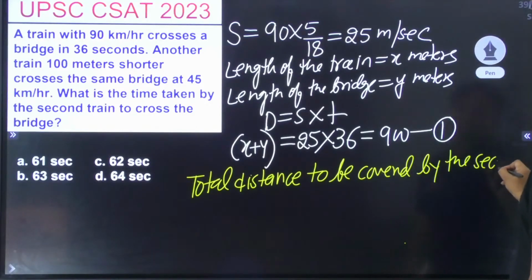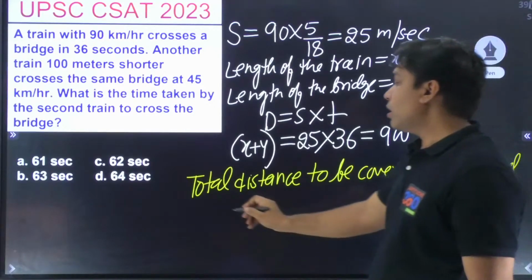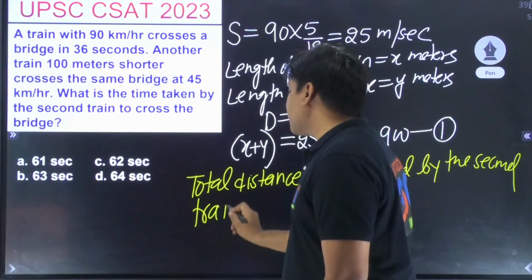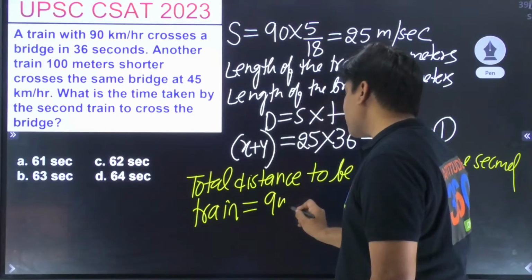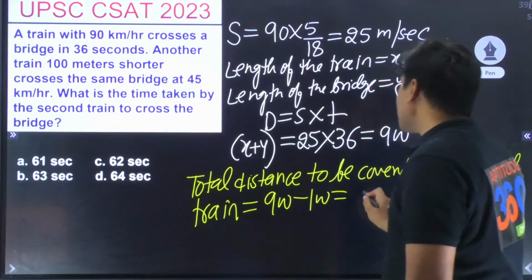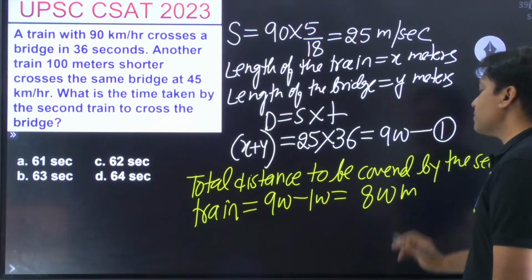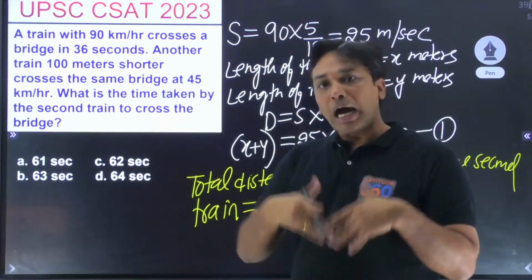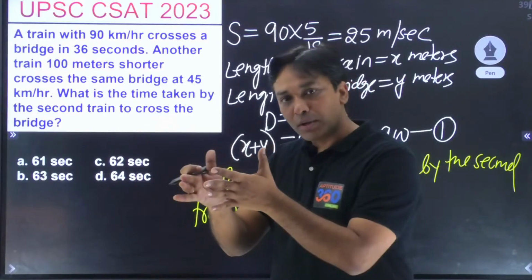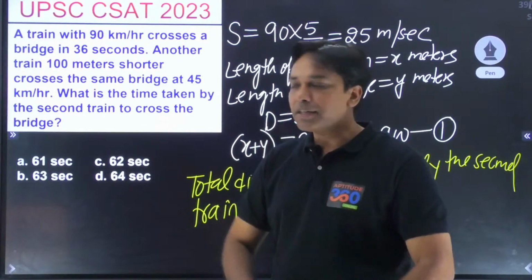We do not know what is the length of the second train. We do not know what is the length of the platform, but we know for sure that it is going to be covering 100 meters less, which is 900 minus 100. So this total comes out as what? 800 meters. So length of the other train plus length of the bridge comes out as 800 meters.